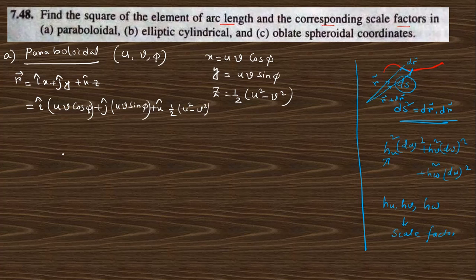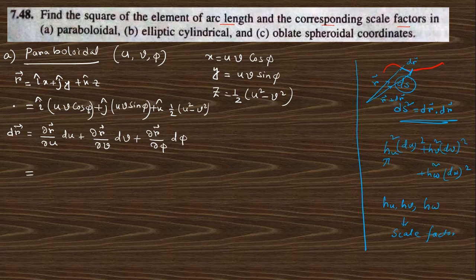For that we need to find dr vector first. Dr vector is nothing but del r by del u into du plus del r by del v into dv plus del r by del phi into d phi.